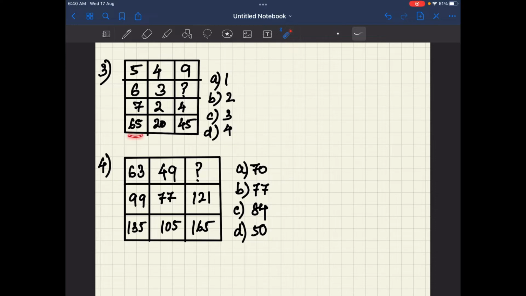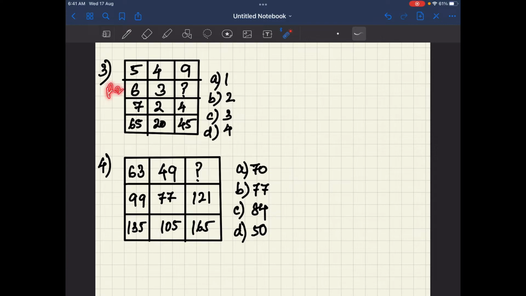So to get 65, with 5, 6 and 7, we need to find a relation among 5, 6 and 7 such that it gives 65. So we know 65 is 13 into 5, or 20 is 5 into 4. You can see it. 6 plus 7 is 13, 3 plus 2 is 5, and 13 into 5 is 65.